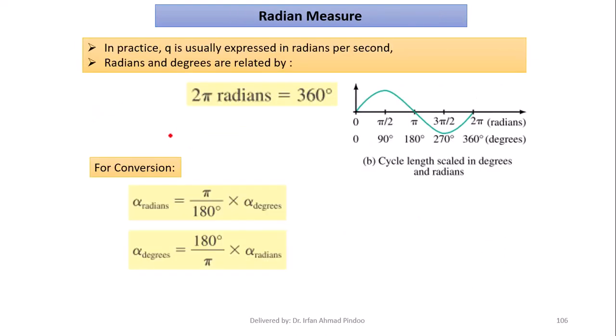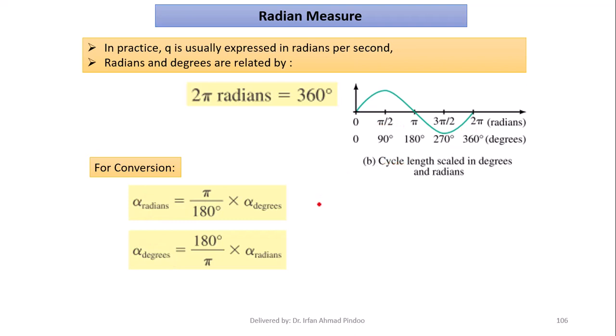Then we have a concept that once we define the angle in a sinusoid, we can define that in radians or we can define that in degrees also. Suppose we have 90, 180, 270, 360 degrees, or we can have pi by 2, pi, and so on.